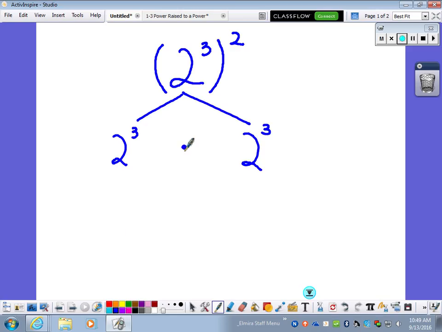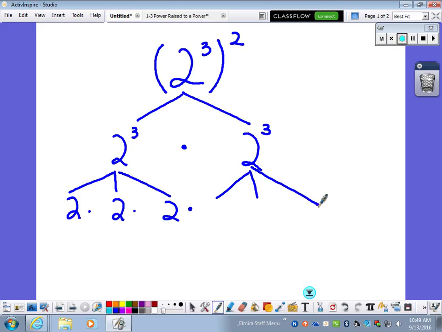Then I'm going to expand each of these exponents, each of those powers, to be 2 times 2 times 2 times 2 times 2 times 2. And what we end up with is 1, 2, 3, 4, 5, 6 2's.